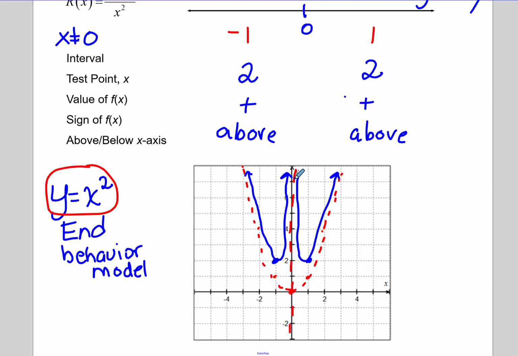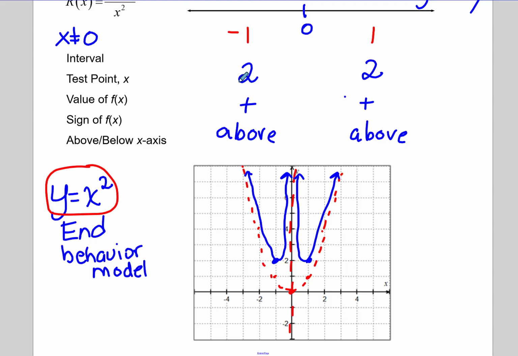So it's got two funny little shapes in there that are sideways slanting parabolas of some sort, parabolic in shape, and they hover next to this end behavior model of a parabola.